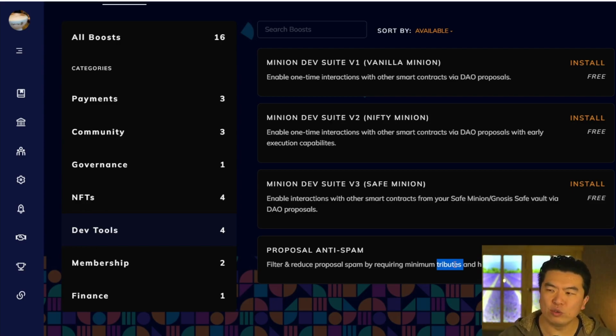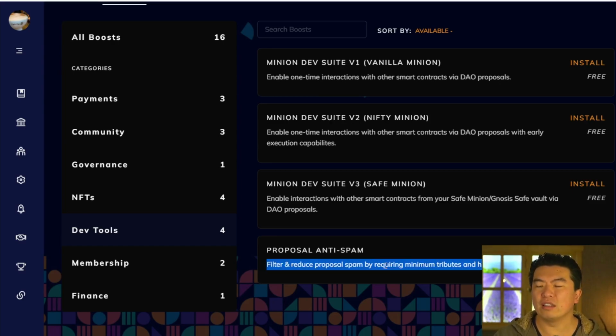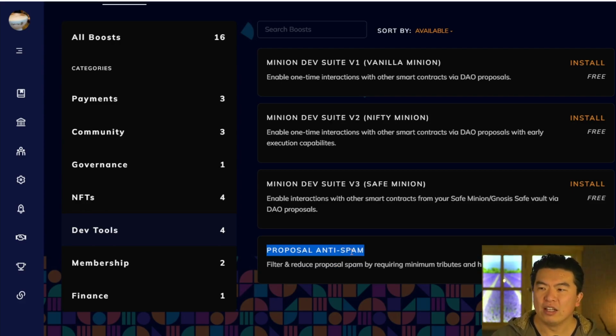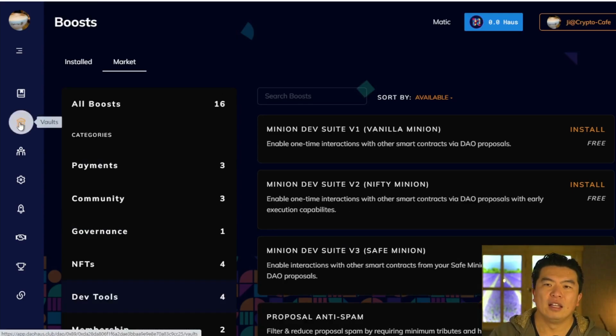It goes into escrow, and if it doesn't go through, then basically the tribute, as it's said, goes into the treasury of the DAO. This should prevent as much spam as possible, especially from external non-members, and keep the proposal section clean. So these are the extensions in the market.